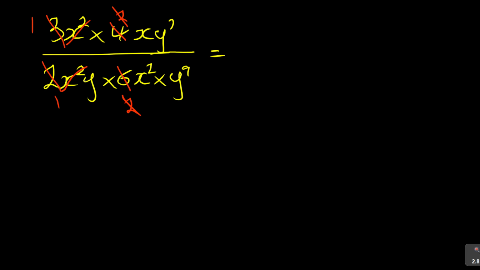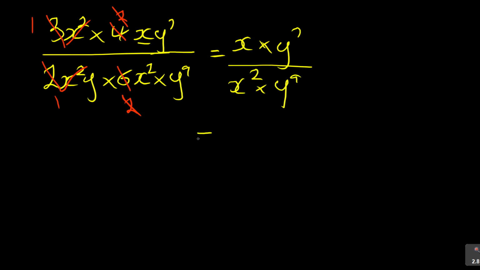Now what are you left with? You are left with on top, look at this, anything you never cancelled is that one. x times y to the power of 7 over x squared times y to the power of 9. You see that? Now individually, it's the same as saying x over x squared times y to the exponent 7 over y to the exponent 9.